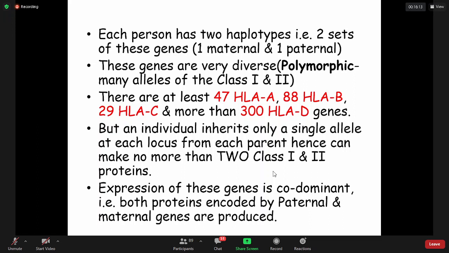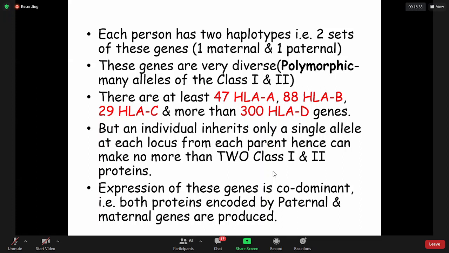But it's very important to note that each individual inherits only a single allele or a single type at each locus. So if it is HLA-A1 out of the 47, you will only have one. Out of the 88 for B, you will also have one. And out of the 29 for C, you will have only one.